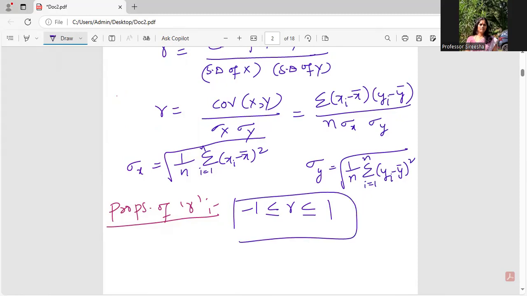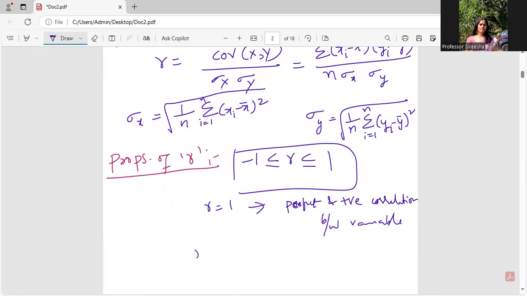The limits are this. Now, if you ask me, what if r is equal to 1? What do you say about the correlation? It's a perfect positive correlation between the variables. Okay. If r is negative, then perfect negative correlation.